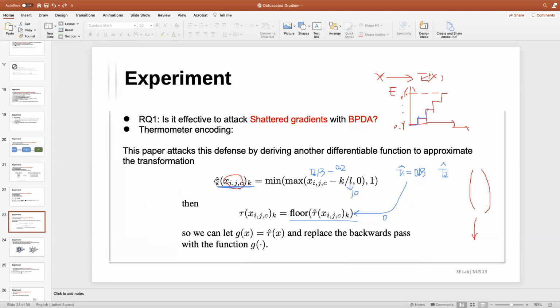So let me see. The original value is 0.13, and the encoding of 0.13 is 0, 0, 1, 1, 1, 1. Let me check this one again.